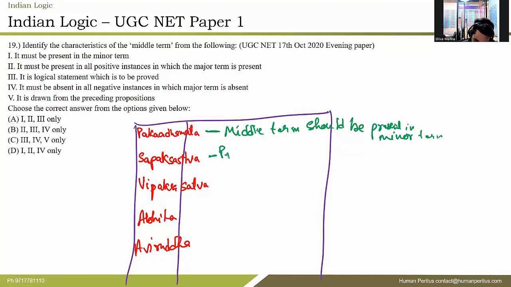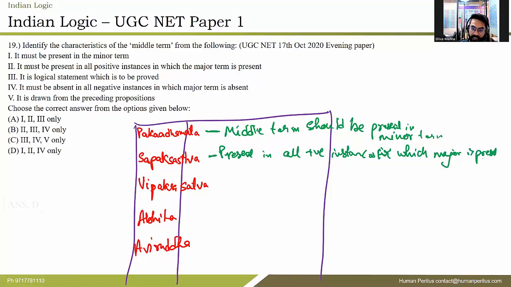It should be present in all positive instances in which major is present.